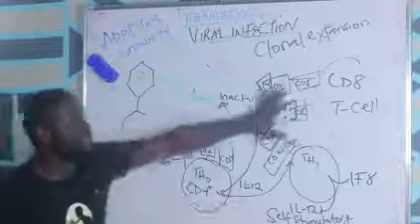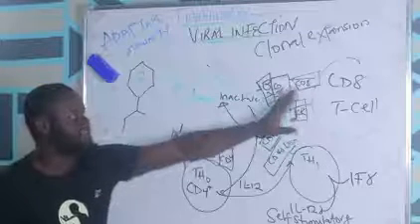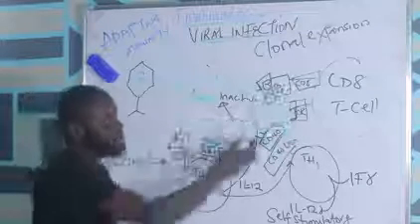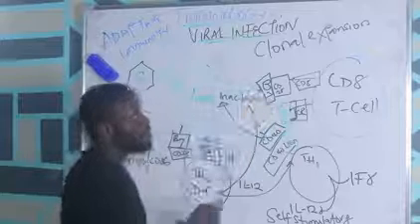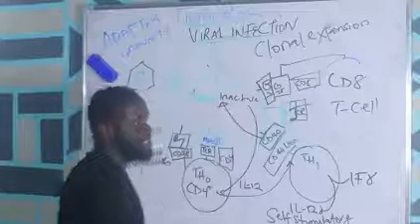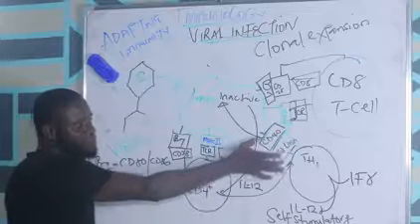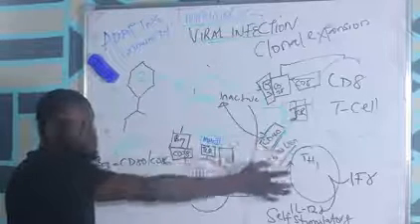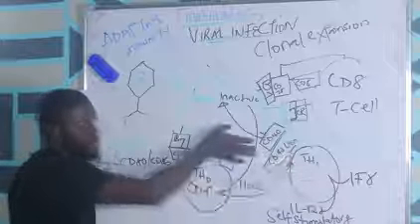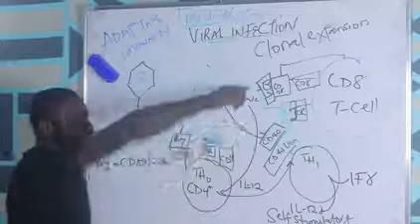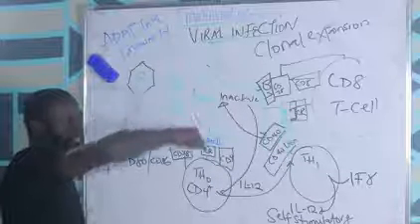So when all these things are bound, the CD28 of the CD8 cell binds to the B7, which are expressed as a result of this bond between TH1 and the macrophage. So it allows the expression of B7 on the body of the inactive macrophage.